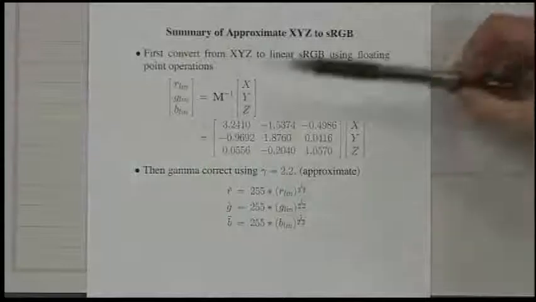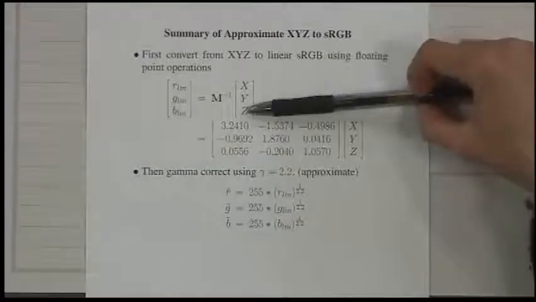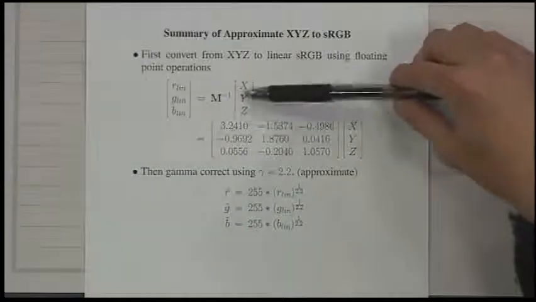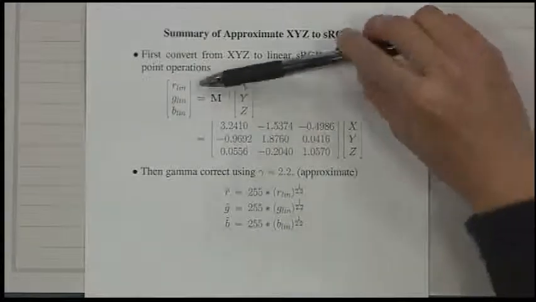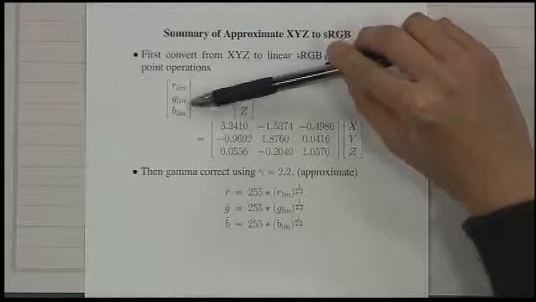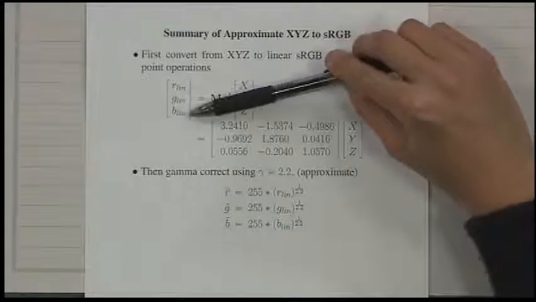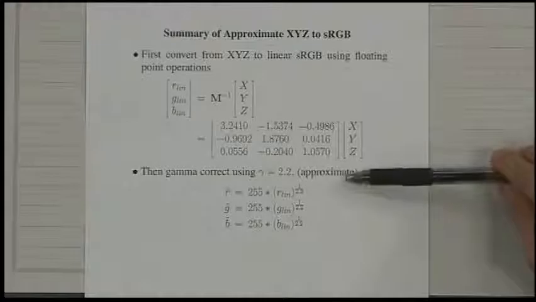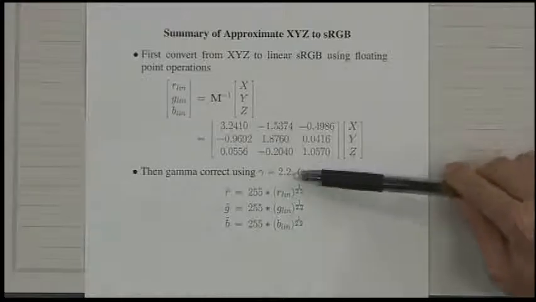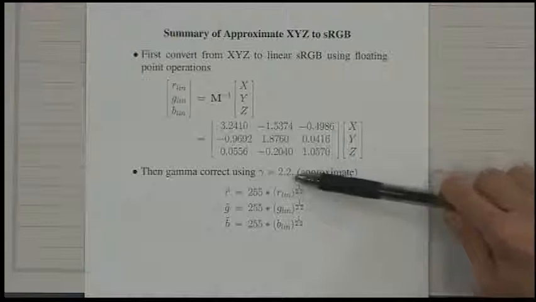If we have the XYZ data, we first multiply this XYZ data by the inverse of the M matrix. Then we get the linear energy space RGB data of the sRGB color standard. And finally, we can do the gamma correction, approximately with gamma equal to 2.2.